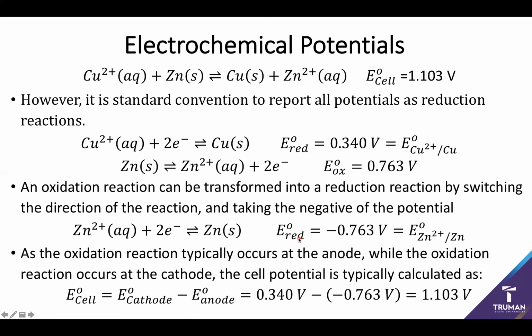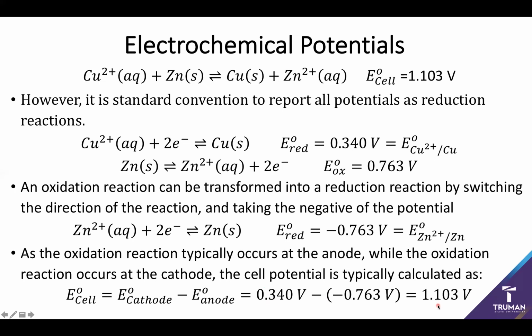So taking the negative and adding them together. So it turns out we can find our E cell by doing our cathode, that 0.34 for copper, minus the anode, which is minus that negative 0.763 for zinc. And we'll find out that is indeed still that very same favorable potential we had.